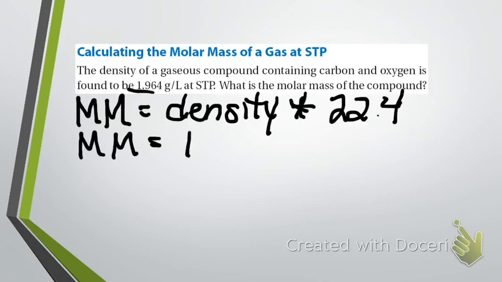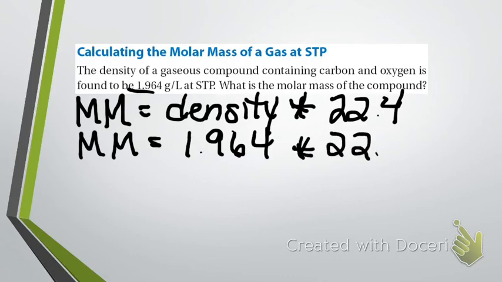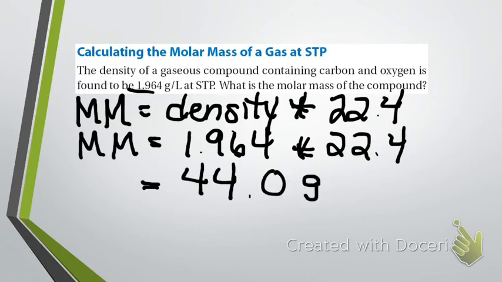We're going to plug that in, times 22.4. If we crunch that through, we get 44.0 grams per mole.